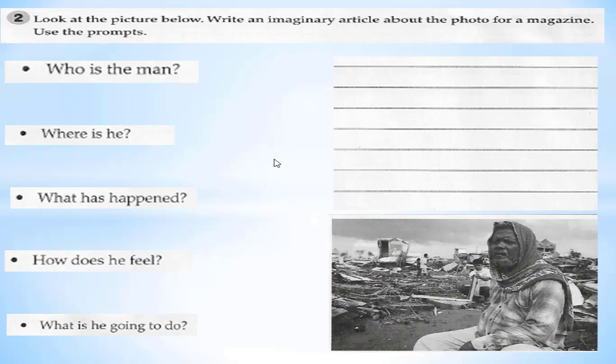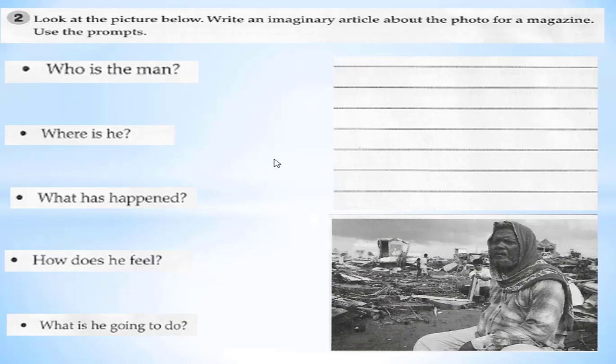Use the prompts. Use the prompts, that means if you answer these questions, you can create some information to write about, or this information is important to know in your article. So, who is this man?